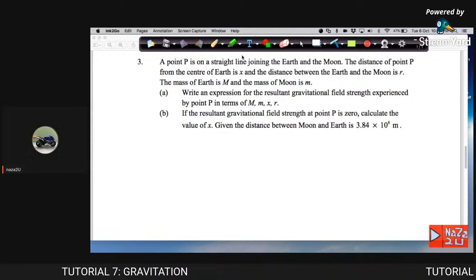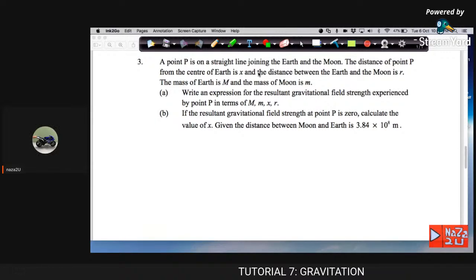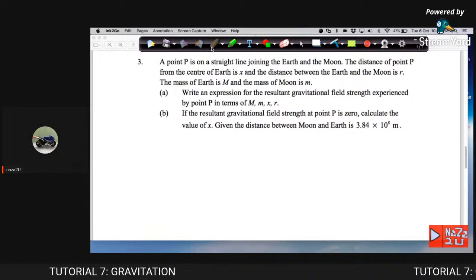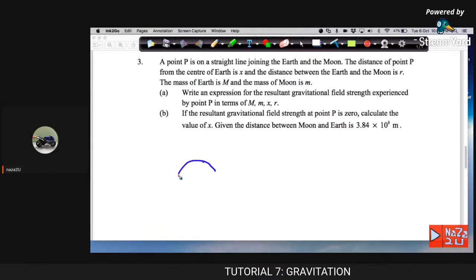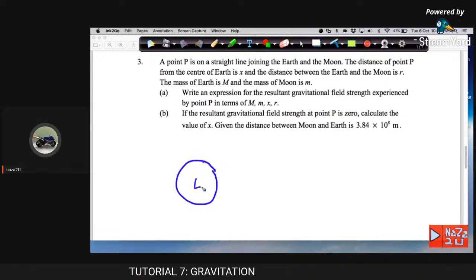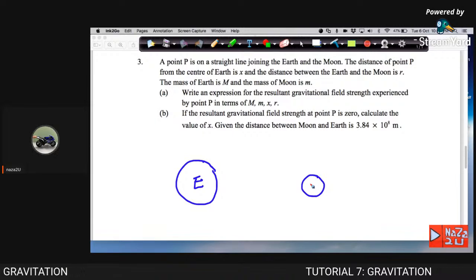Okay, katalah kita ada satu titik ataupun satu kedudukan, position. We have Earth, okay, E, and we have Moon. Okay, dia kecil sedikit.